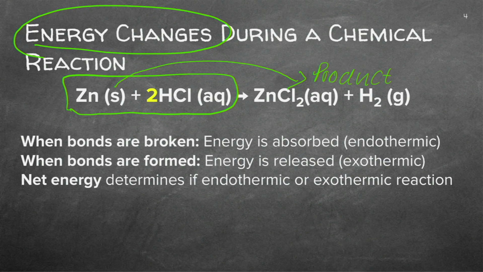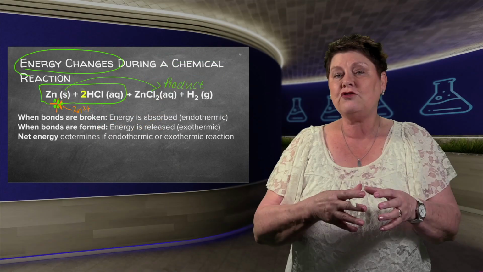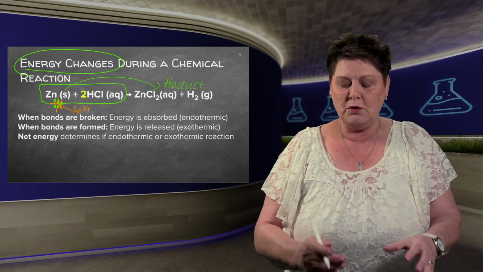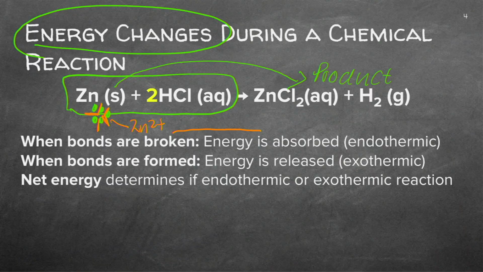So the zinc solid, it's actually the atoms, will need to be broken. So energy is needed to break those pieces of zinc from each other and make that zinc 2 plus. So you can see there's an electron transfer, ions will be formed, and if you go this side, you'll see I've got zinc 2 plus here.